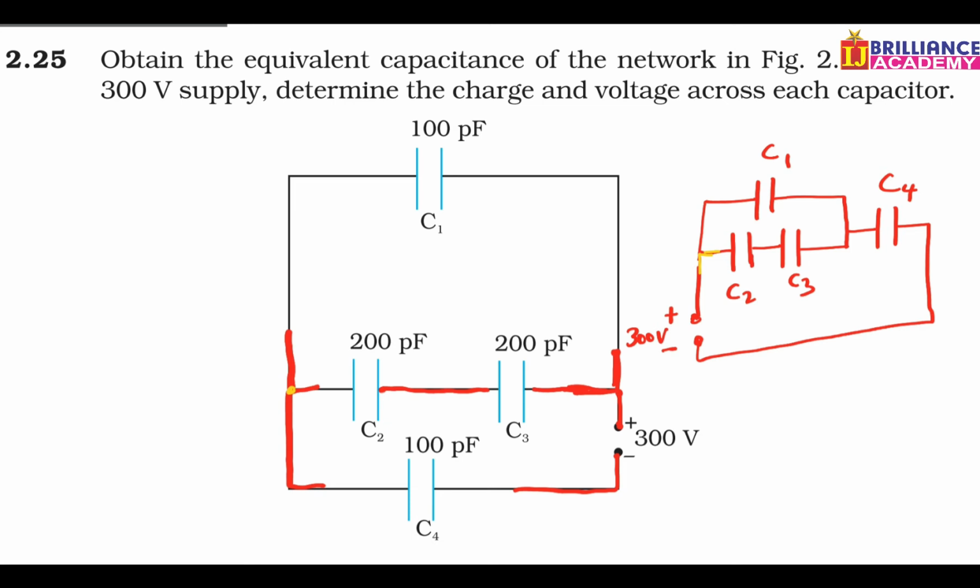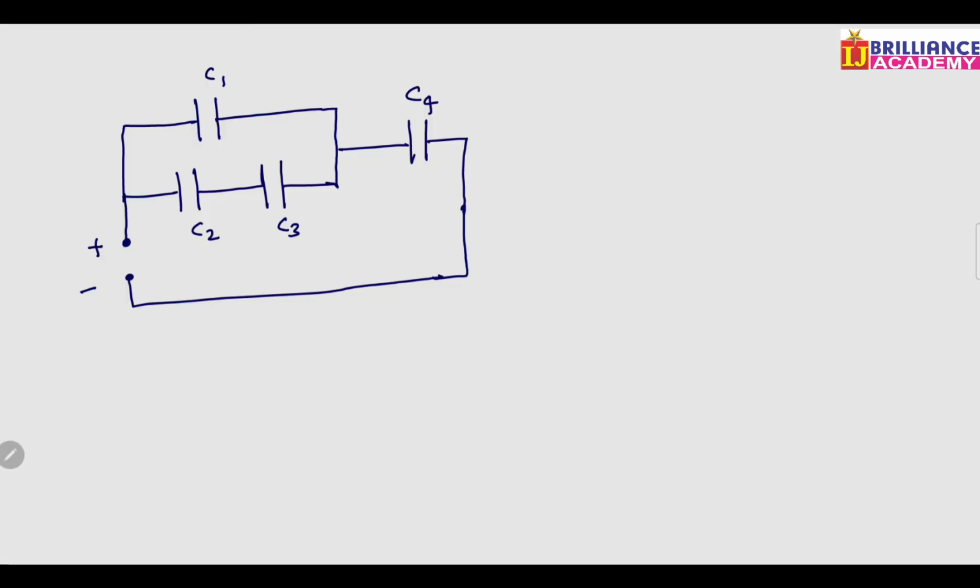Now I think it's very easy. If you see this network, I think you can solve the question very easily. See, C2 and C3 are in series combination. You know the capacitance values are 200 picofarad.